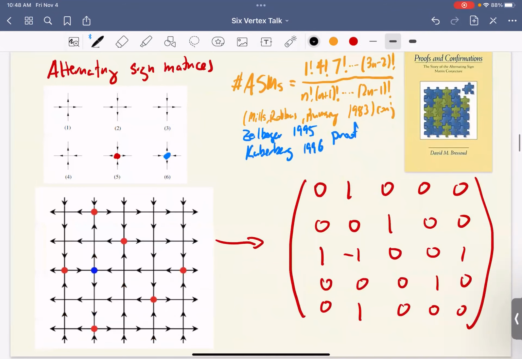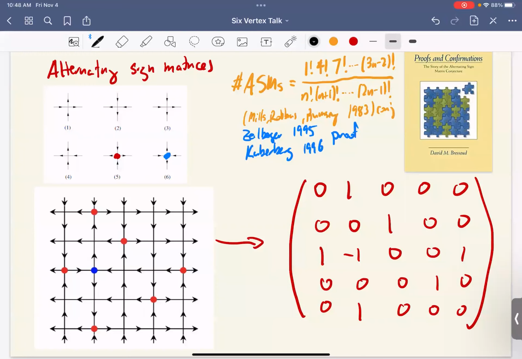There's another well-known model or well-known question in combinatorics about alternating sign matrices. So this is an alternating sign matrix on the right here. It's a matrix with 1s, 0s, and -1s. And the rule is that along every row and every column, well, okay, there's several rules.